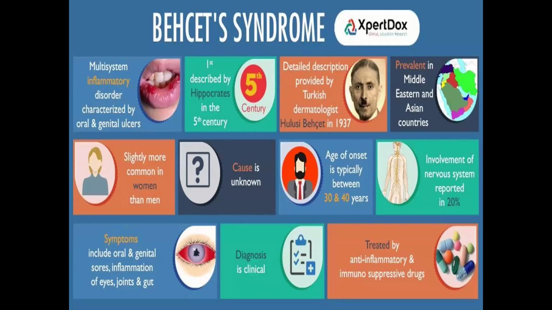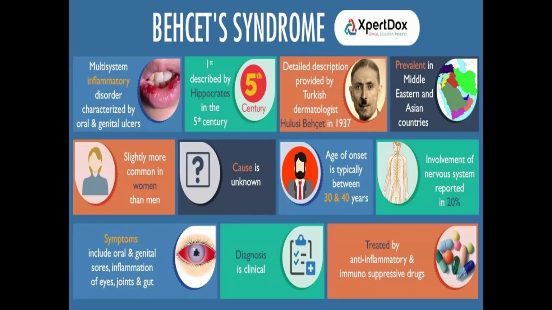Behçet syndrome. It's a multi-system inflammatory disorder characterized by oral and genital ulcers, described by the Turkish dermatologist Hulusi Behçet in 1937, prevalent in the Middle East and Asian countries.